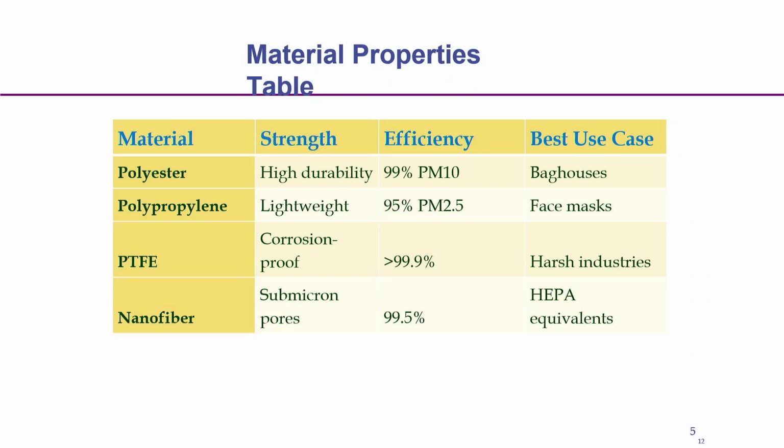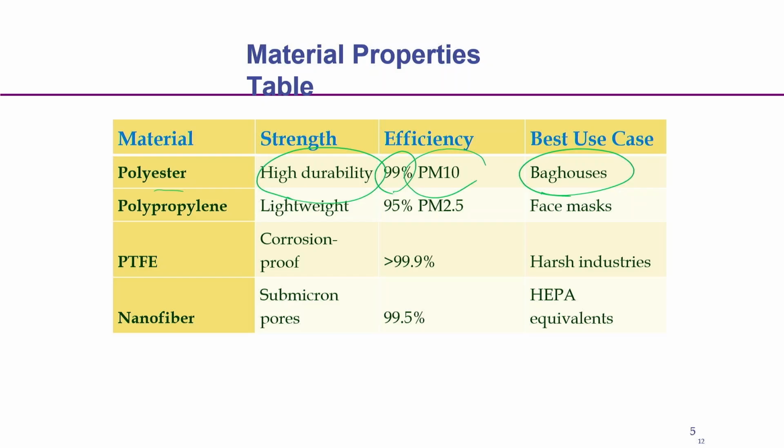Now, if you see the comparative analysis of these four different types of materials, polyester's advantage is its high durability. It is used for PM10 with 99% efficiency, and it is mainly used for baghouses. In a baghouse, sometimes the hot air damages polypropylene.